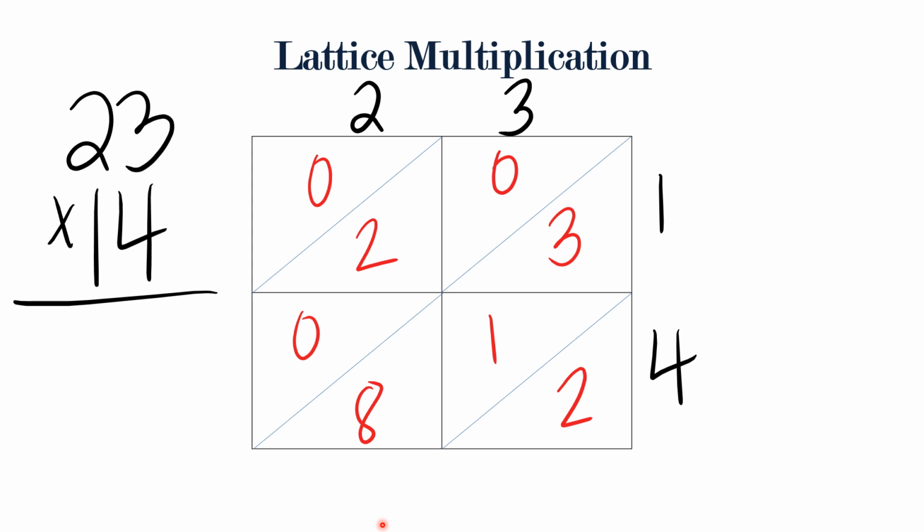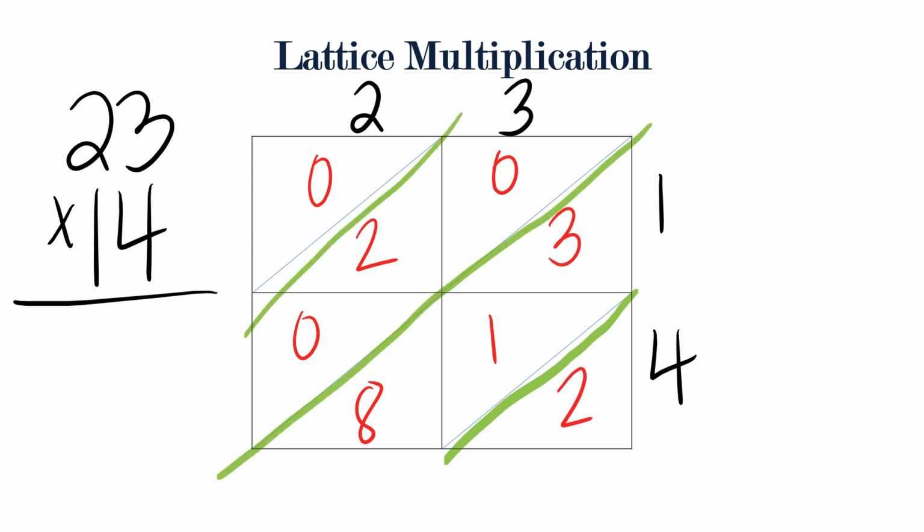All right, now what I have created here, each of these little diagonals represents a place value. Down here at the bottom, this is the ones. The middle is the tens. This is the 100s, and this is the thousands.